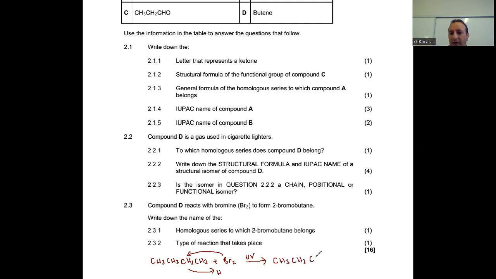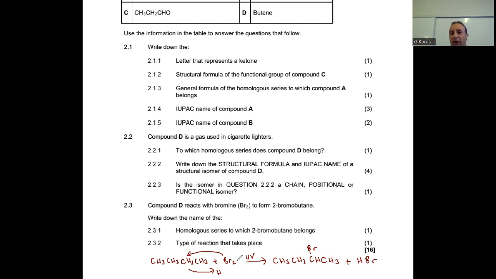Here we have CH now. It was CH2. When we remove a hydrogen, it becomes CH with the addition of Br, and then we have CH3. Then this hydrogen, which is removed, joins the remainder of the Br and forms HBr.